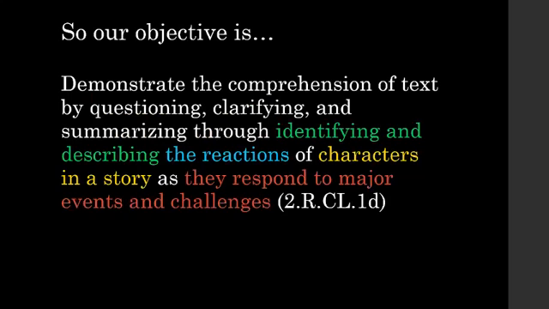Our whole objective becomes: demonstrate the comprehension of text by questioning, clarifying, and summarizing through identifying and describing the reactions of characters as they respond to major events and challenges.